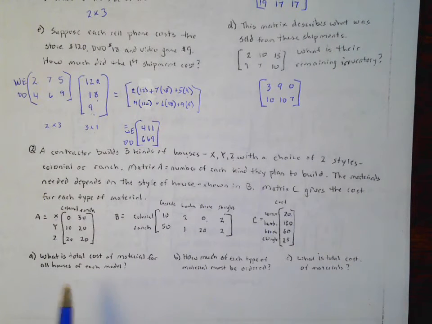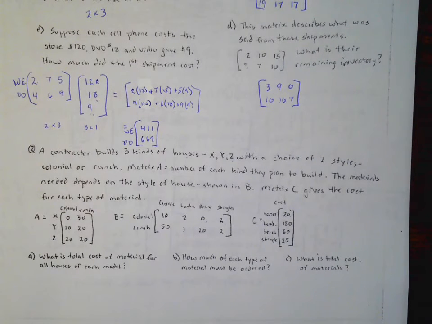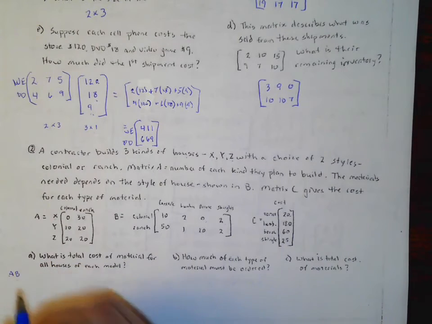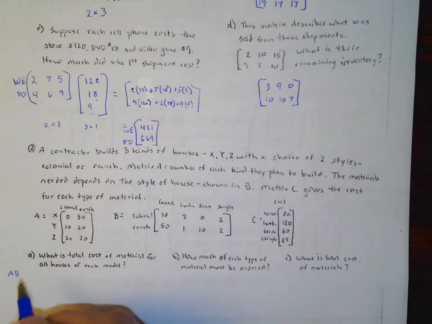Okay, so let's answer these questions. What is the total cost of material for all houses of each model? So first we're going to need to know how much of these things are needed, right? So we're going to take this times this. A times B will give us how much is needed.